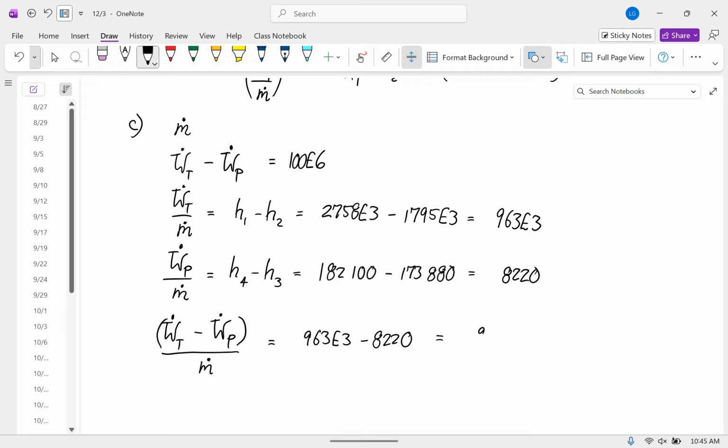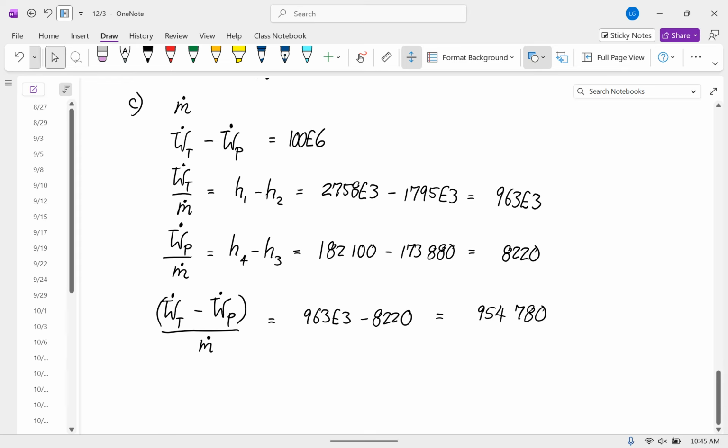So this is 954,780. And now we know that if we multiply this by m dot, we get this. So m dot times 954,780 is equal to 100 times 10 to the 6.